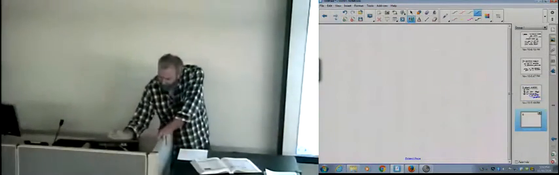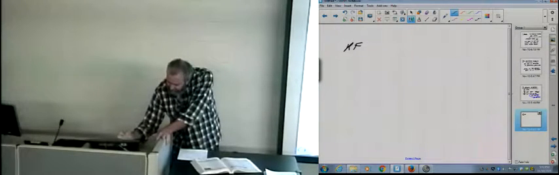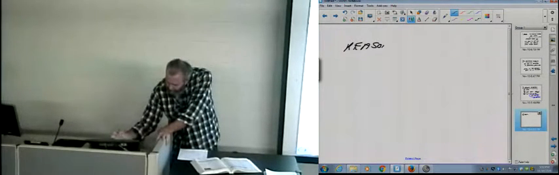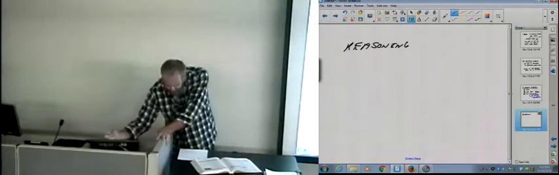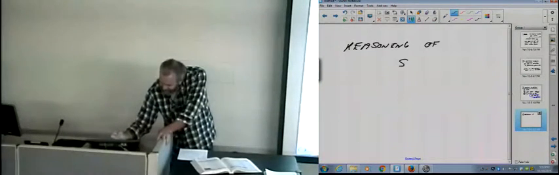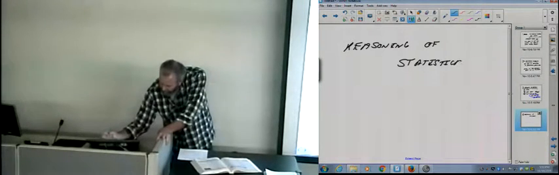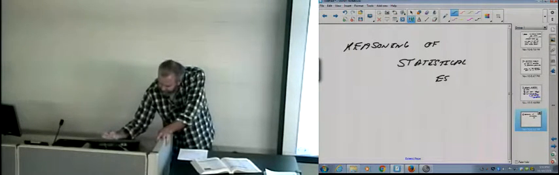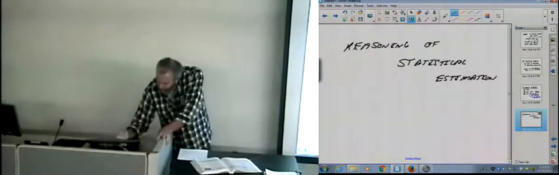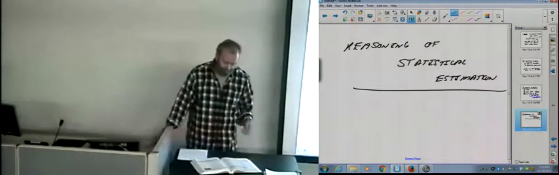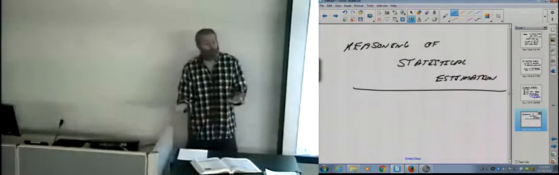So, when I think about this reasoning of statistical estimation, it kind of goes with the problem here.